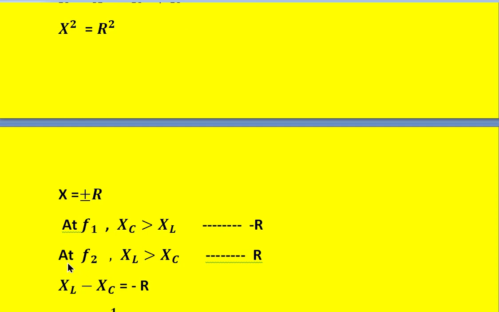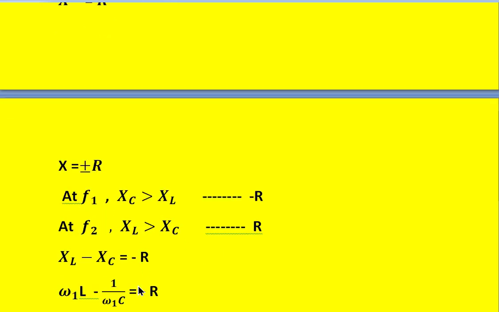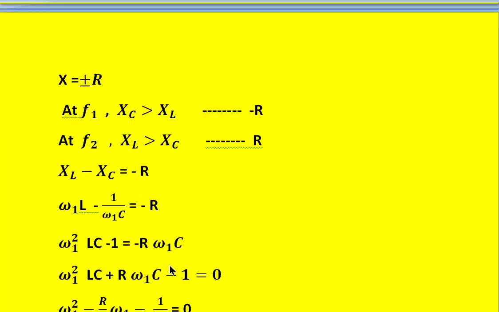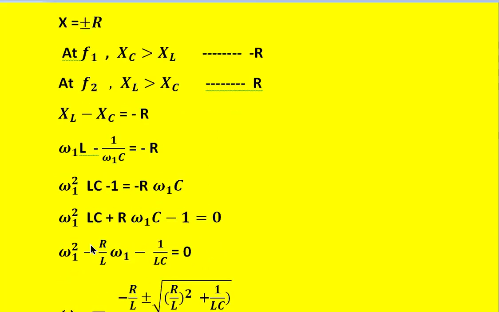So that is XL minus XC is equal to minus R. This happens when the frequency is f1, that is omega 1, that is omega 1 L minus 1 by omega 1 C is equal to minus R. And after simplification, we get omega 1 square LC minus 1 is equal to minus R omega 1 C. Then dividing the whole equation by LC, the equation becomes omega 1 square minus R by L omega 1 minus 1 by LC is equal to 0.